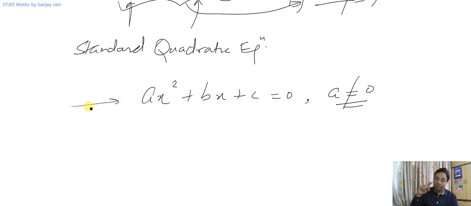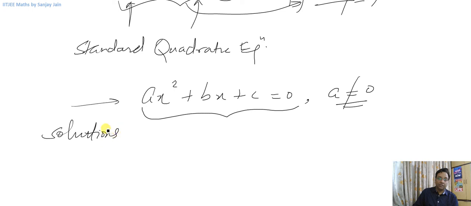Now, this is an equation. In polynomials, we studied about quadratic expressions, right? We made the graphs of quadratic expressions also, right? And we studied about the minimum and maximum values of those graphs, right? But here, in this case, I've got quadratic equation, and we will talk about the solutions of these quadratic equations, right? And what are the solutions?